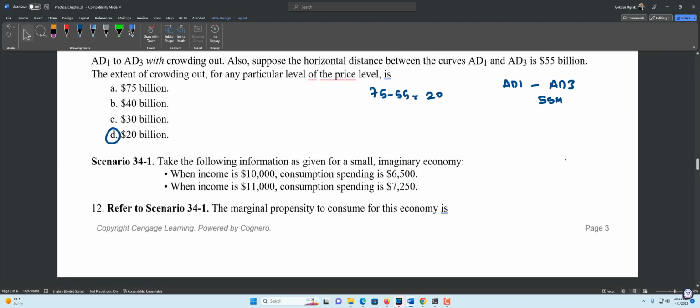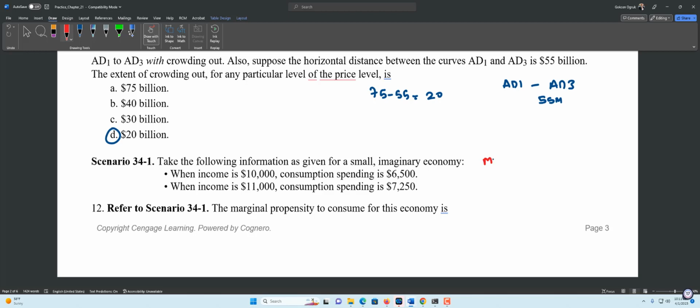Question 12. Take the following information as given for a small imaginary economy. When income is 10,000, consumption spending is 6,500, and when income is 11,000, consumption spending is 7,250. And now we need to find the marginal propensity to consume for this economy. We need to first remember what marginal propensity to consume is.